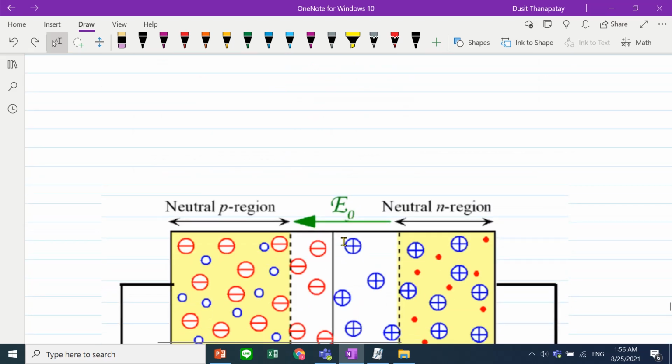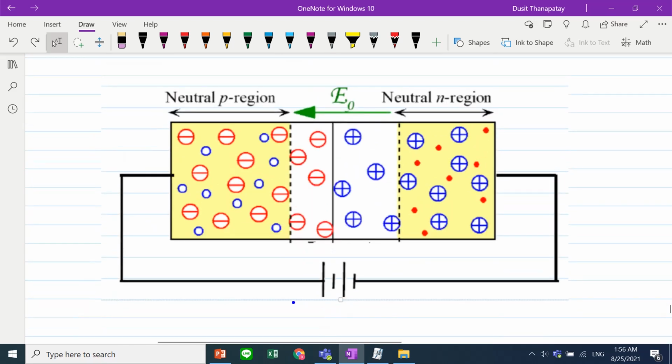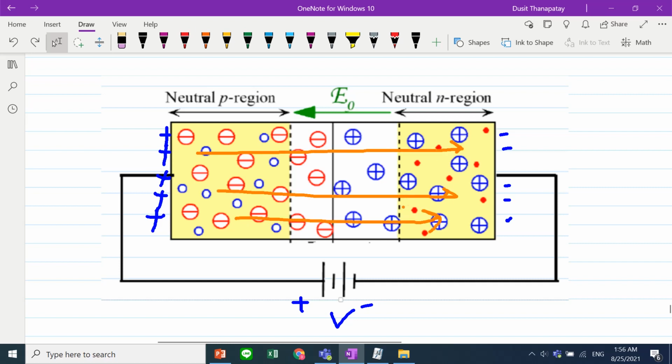And what happens if I apply an external voltage with positive at this side and negative at this side? That means the electric field from this positive and this negative will pass in this direction, right? Which is opposite to the internal, or built-in, electric field.